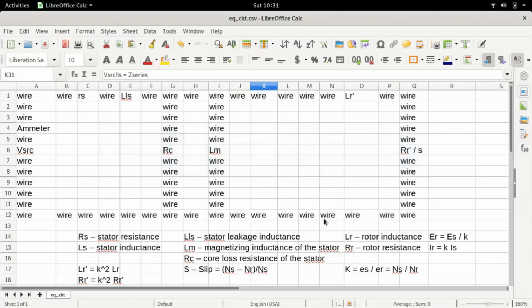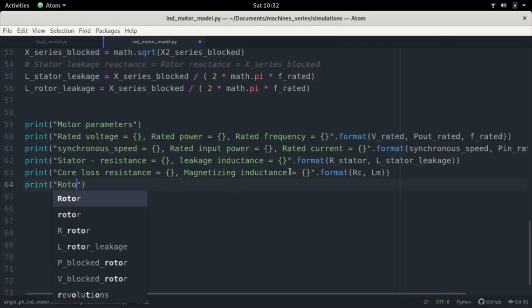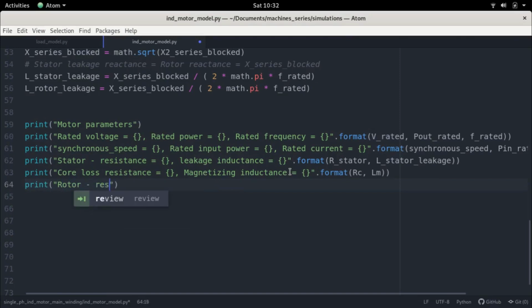And let's keep going. The next are these two, that is the rotor inductance and the rotor resistance. So we'll go and we can call this rotor resistance is equal to and leakage, or we can call it inductance also.